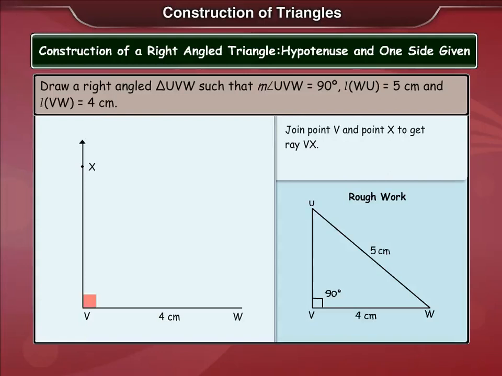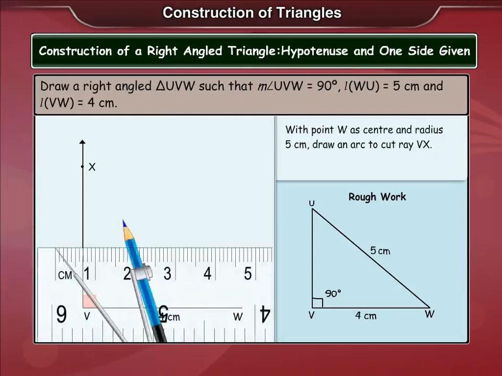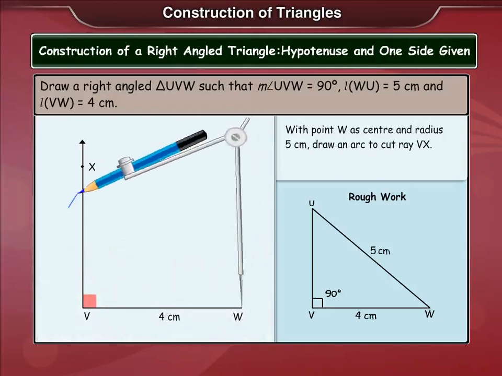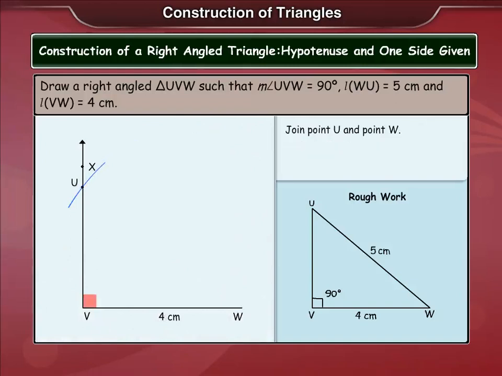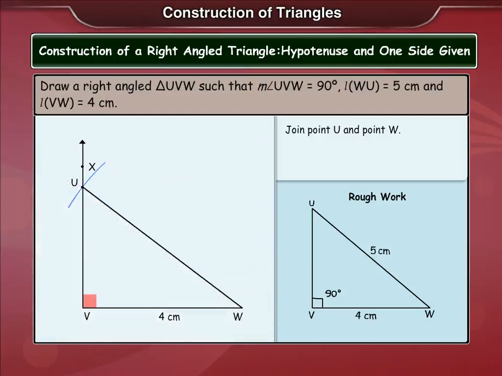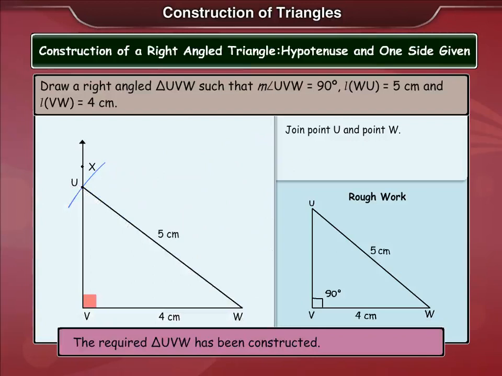Let's start constructing the triangle. Using a scale, draw segment EF of length 8.5 centimeters. Place a protractor at point E on segment EF. Mark point X at 90 degrees. Join point E and point X to get ray EX.